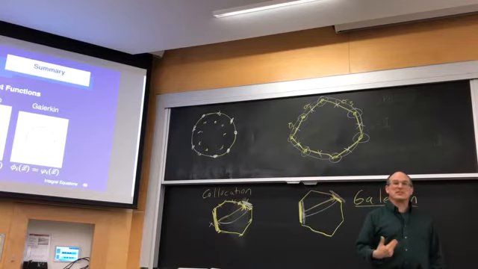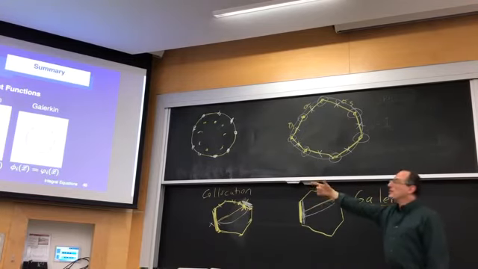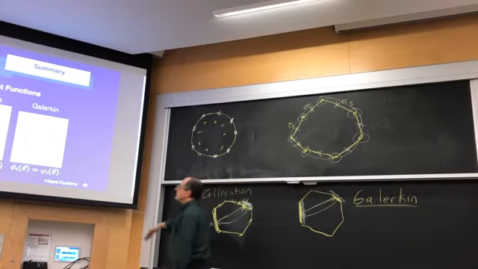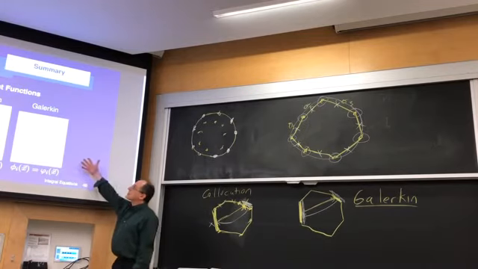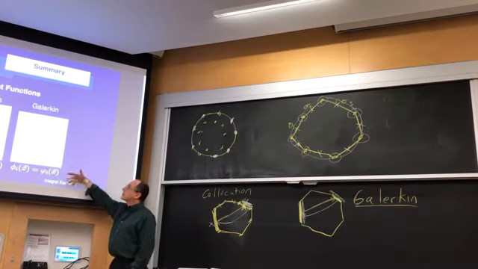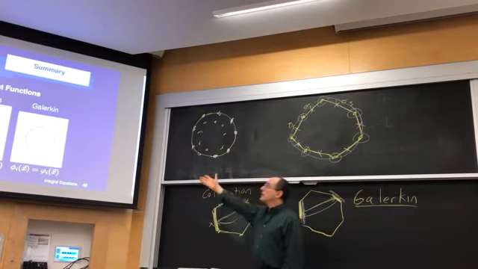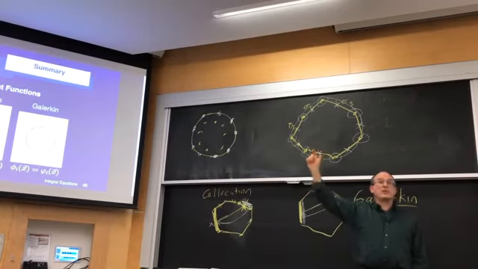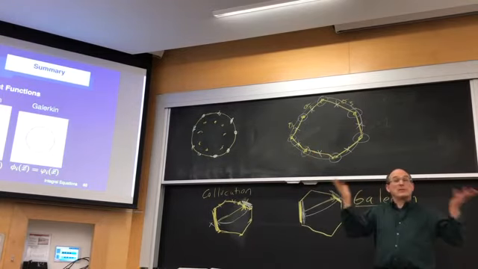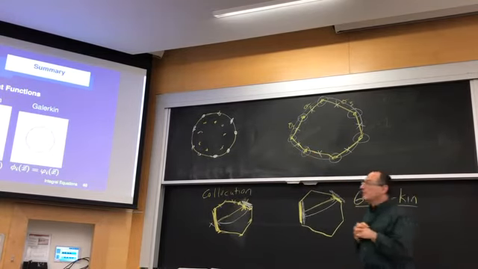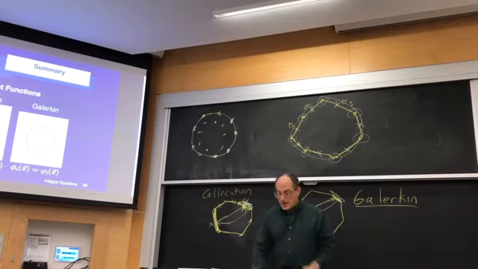For Galerkin, the basis functions for collocation and Galerkin are the same, the representation of the source. But in collocation, the test functions are like impulses. And in Galerkin, they're averages over line charges. So is that maybe a better picture for what the difference between the two is?